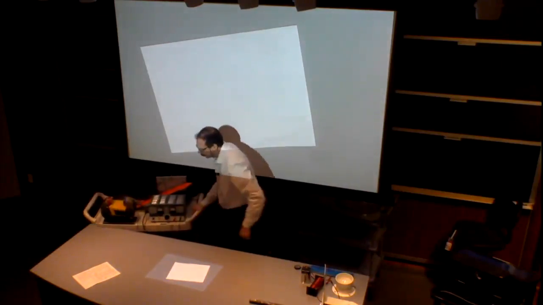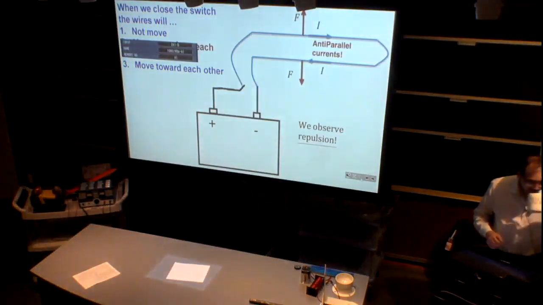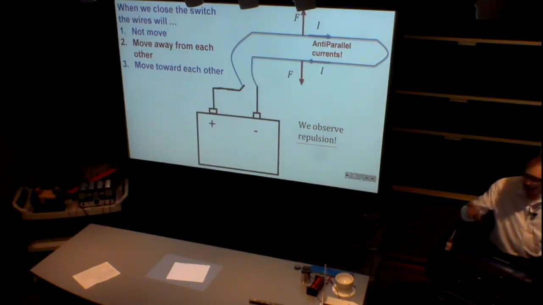But of course, we must be able to figure out how this is happening. And we have time for that. Attraction or repulsion depends on the force acting on one wire from the magnetic field generated by another wire.